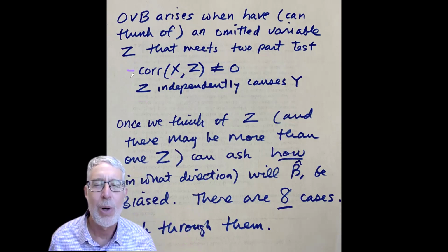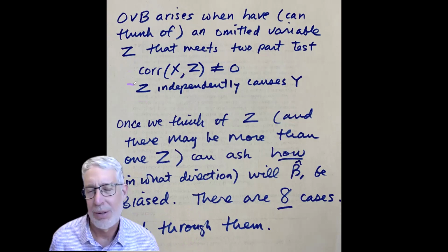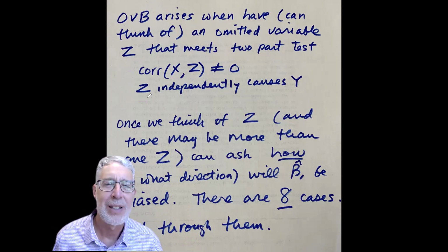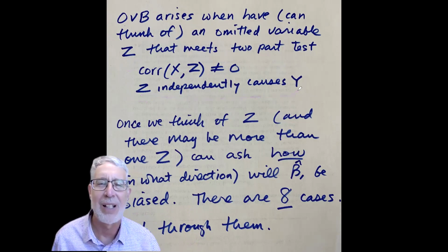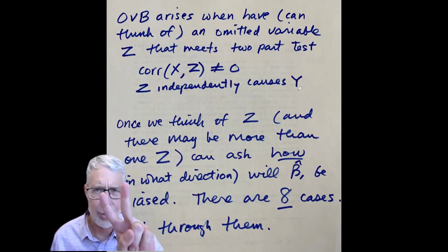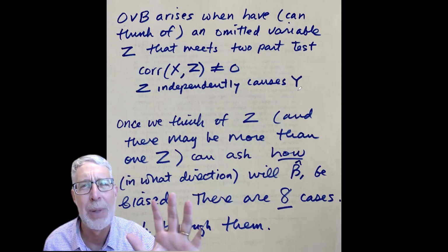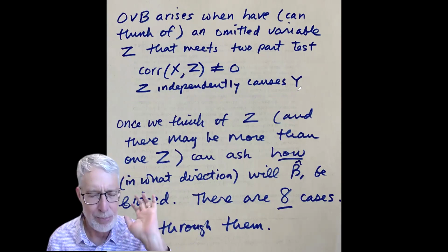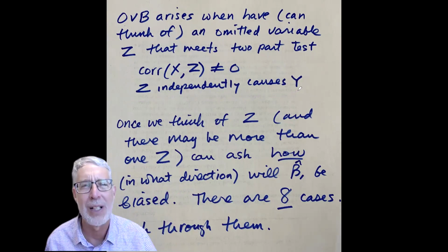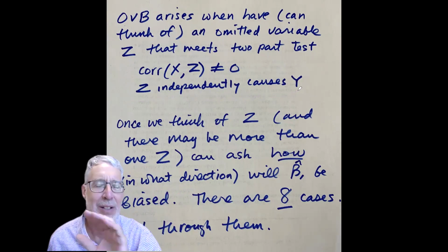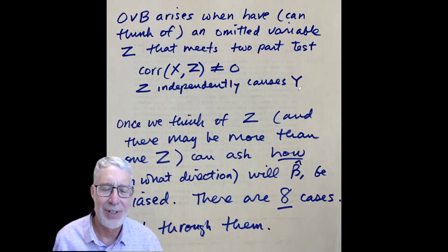So that's condition 1. And the second part of the two-part test is that Z independently causes Y. So Z has some effect on the outcome. So, two-part test. Every time we're talking about omitted variable bias and proposing a specific variable that I think is the omitted variable, we have to ask, does it satisfy this two-part test?